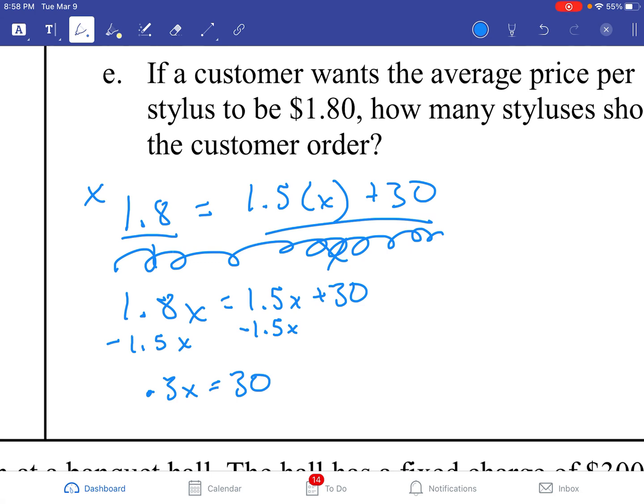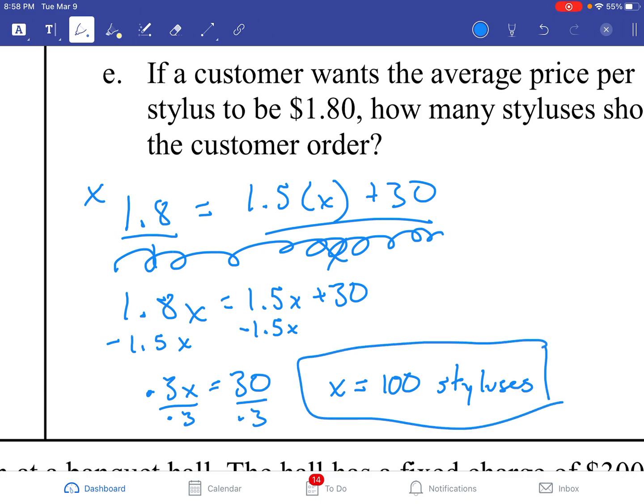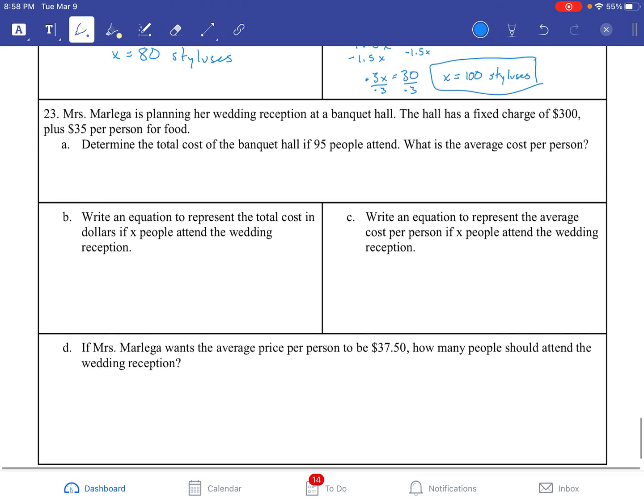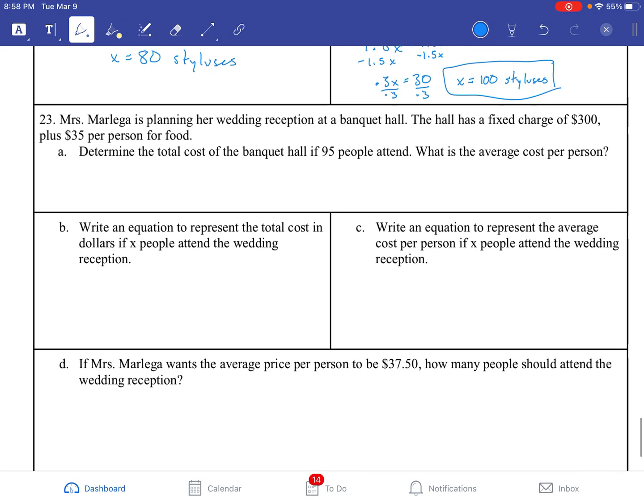I'm going to divide 30 by 0.3. So X would be 100 styluses. Okay. We're almost there. We got one more question.